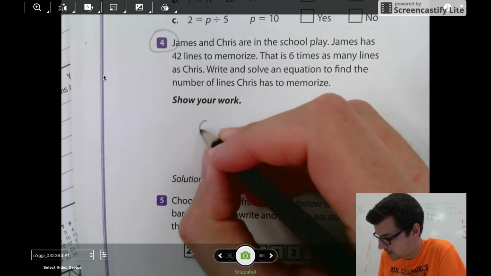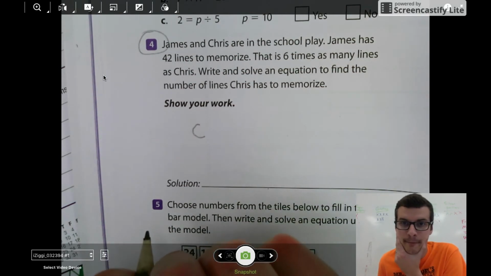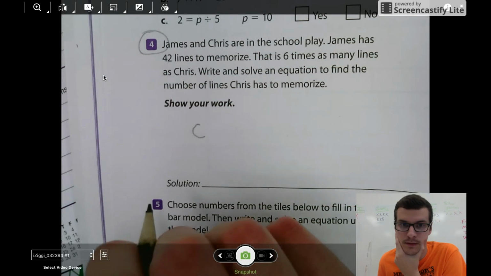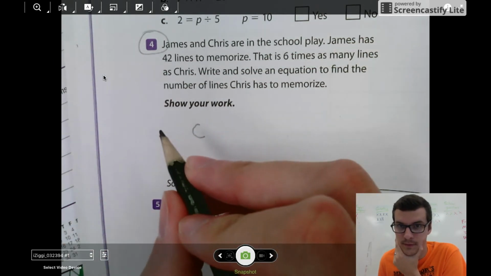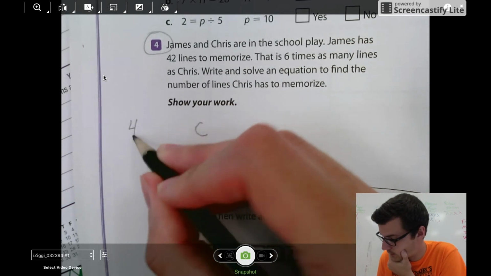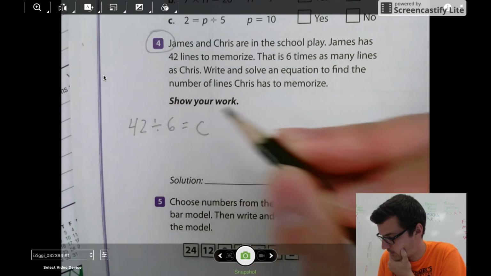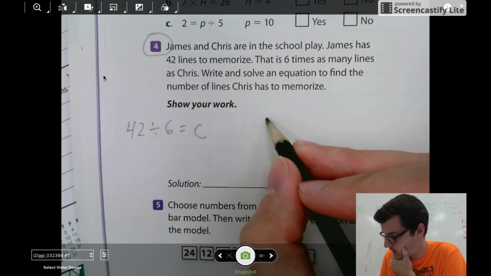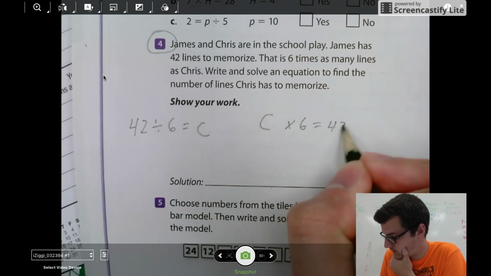So we have Chris's lines, which I will represent by C. And we know that James has 6 times as many lines as Chris, and James has 42 lines. So I could do here 42 divided by 6 would equal C. Or I could do C times 6 equals 42.